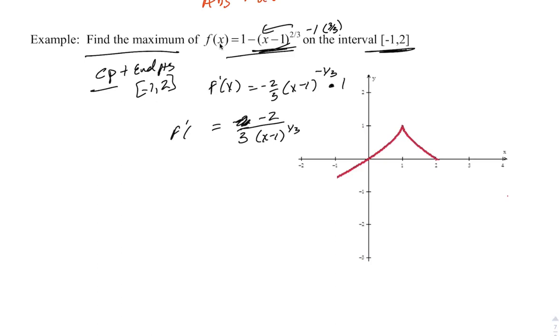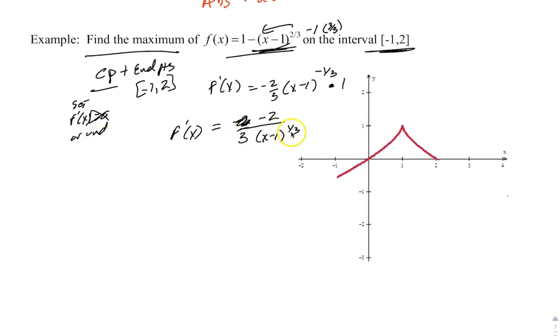So that's my derivative. Now remember, we have to do it two ways. How do you find critical points? You set the derivative equal to 0 or undefined. If I set this guy equal to 0, that's just the top equal to 0, which doesn't work. There's no variable there, so that's not going to happen. But where is it undefined?